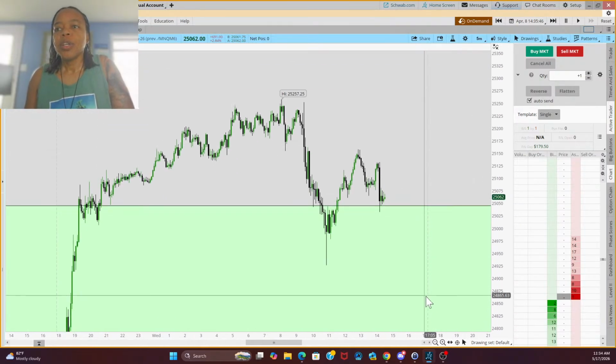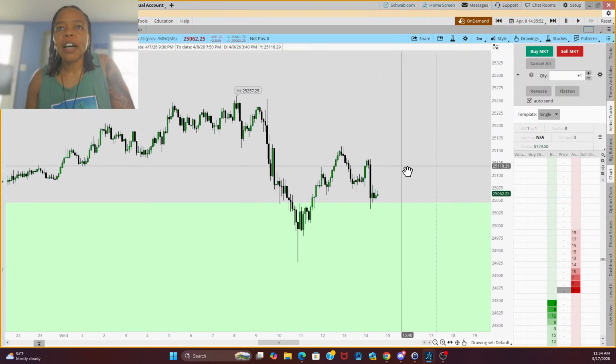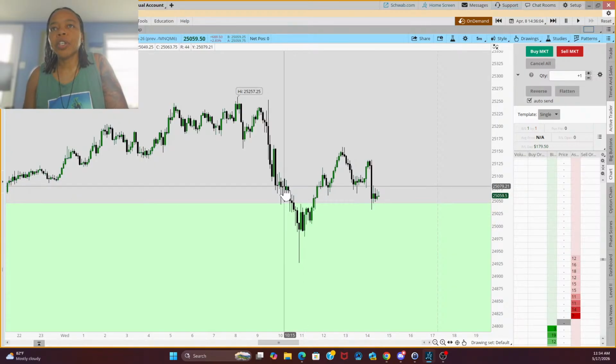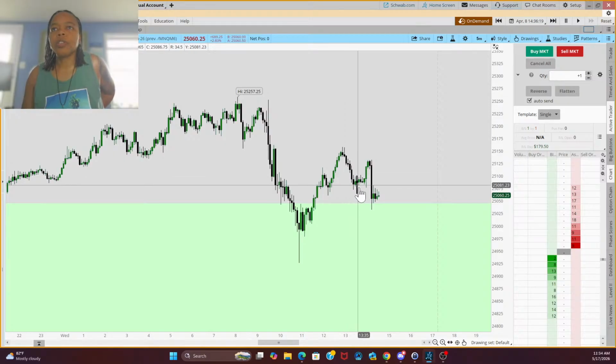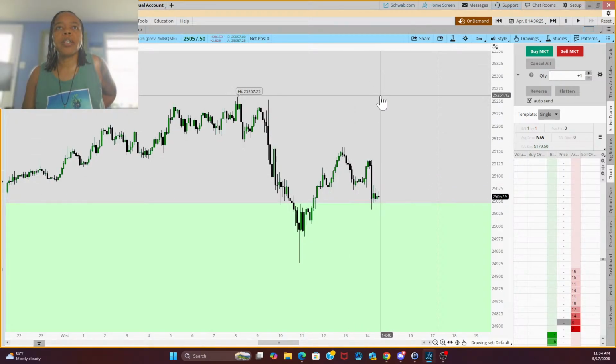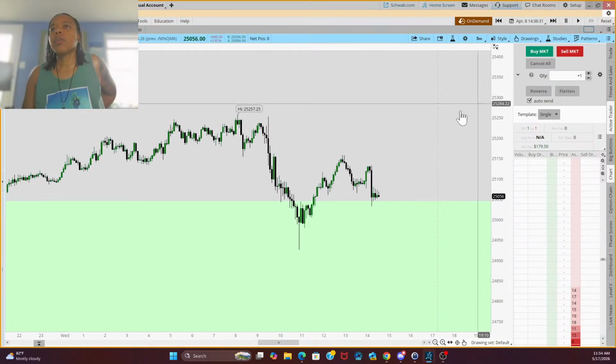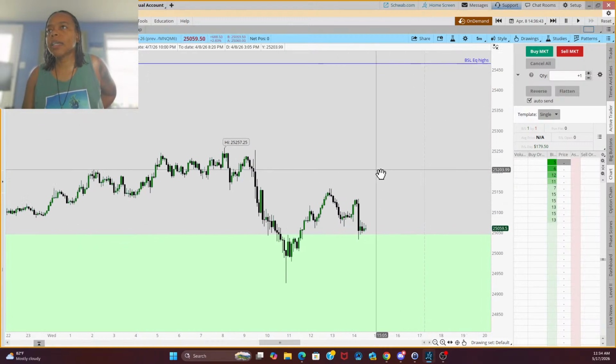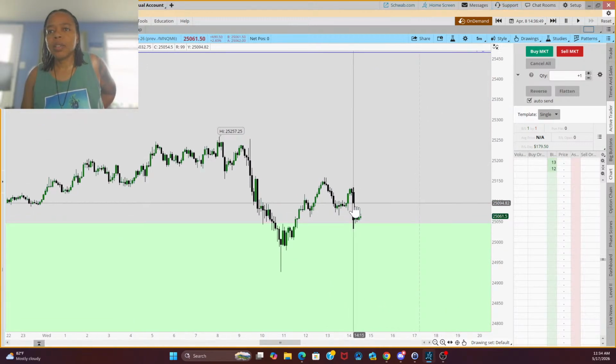On the 5 minute, after they took Asia out here, the first shift occurred right here. So I would be looking for a secondary shift for a continuation up to take out these highs, or even to hit the equal highs that I expected a while back. But let's see.